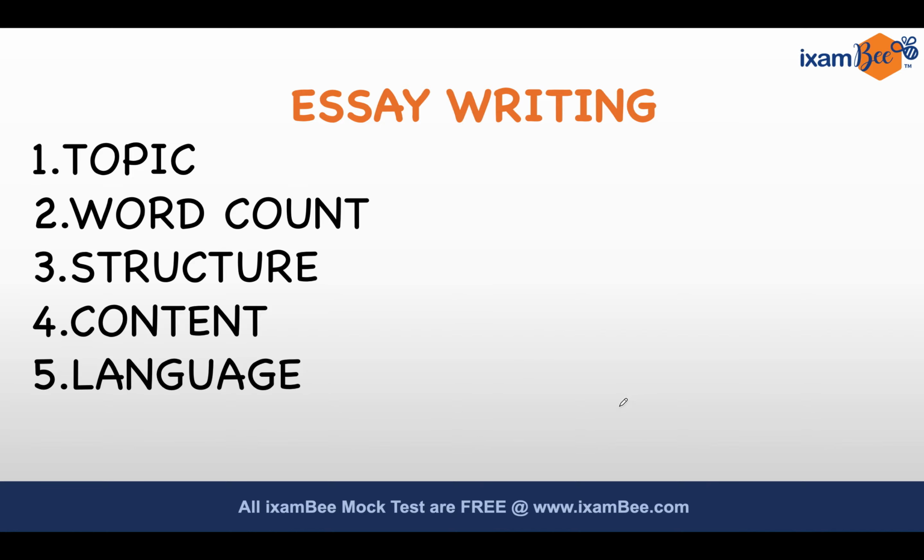So these are the 5 areas that you need to prepare yourself, and these are the 5 areas where you can get marks or you can lose marks. So you need to be very, very careful about these 5 parameters, because your examiners will assess you based on how you perform in all these 5 areas. Because essay writing is a process and there are all these aspects that are involved.